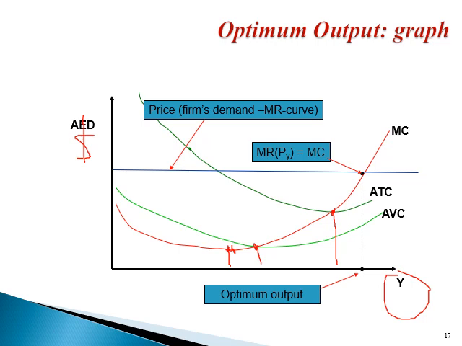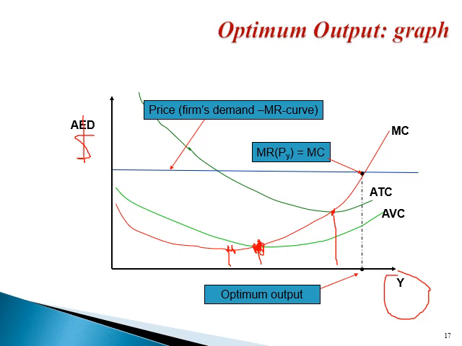As you will see later, from this point right here all the way up, this is a very important part of the marginal cost curve, because as you will see later on at the end of this lecture, it is the supply curve of the firm.